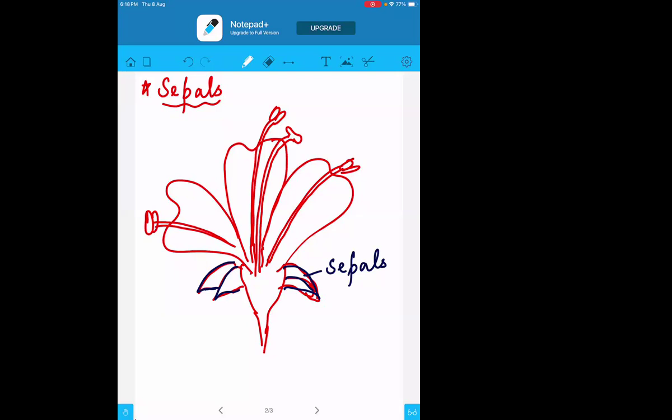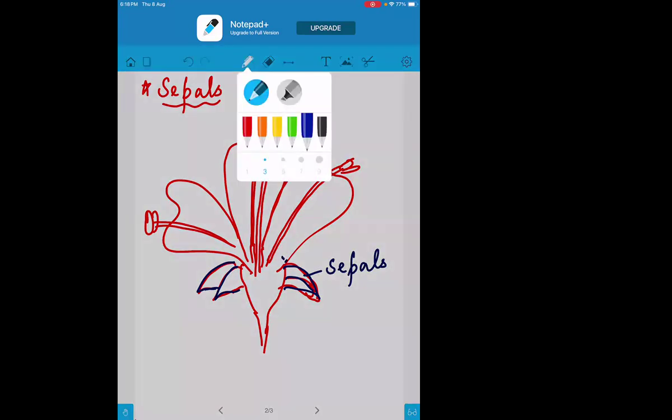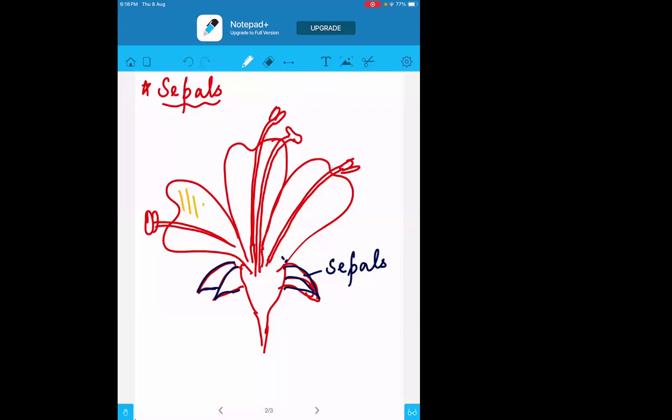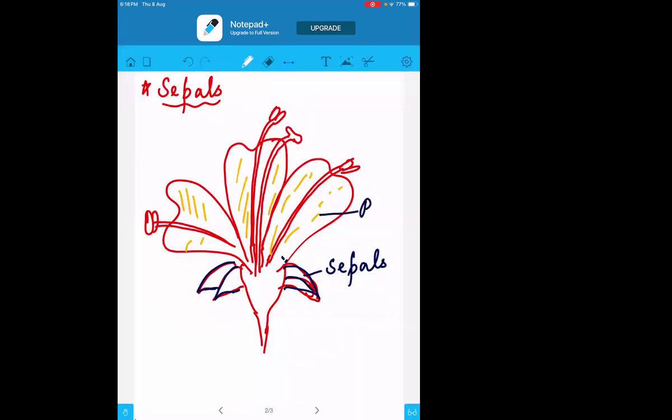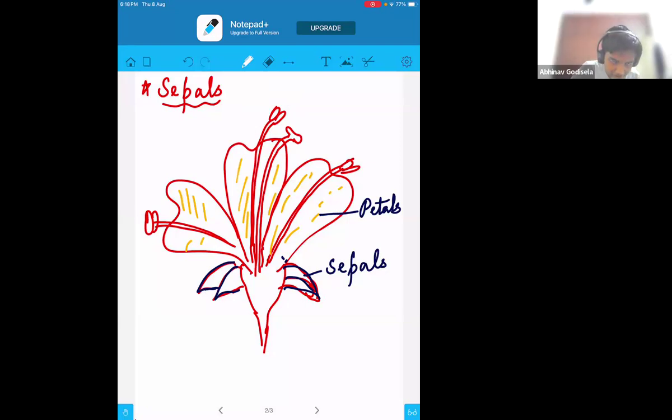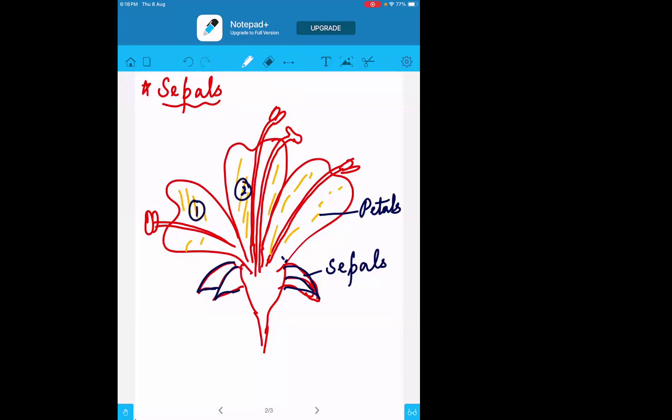Now coming to the second part, which are the colorful parts. This complete region here, this part, this part, this leaf, this leaf. All these complete regions are called the petals. Now, by looking at this picture I have drawn, can you tell me how many petals are here? Three. Correct, three. Okay, one, two, three. So I hope you have understood now.